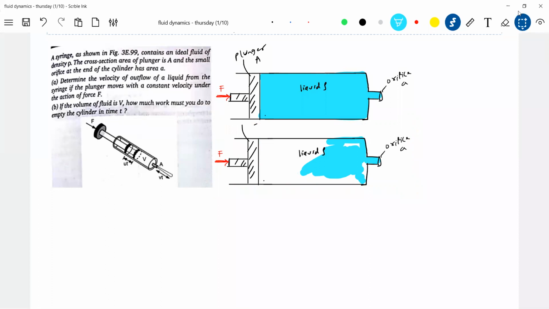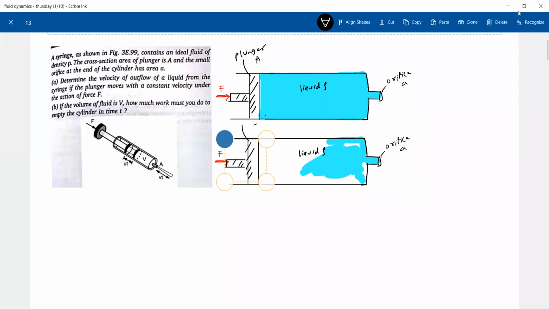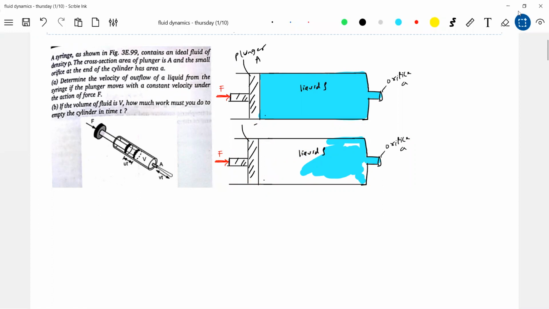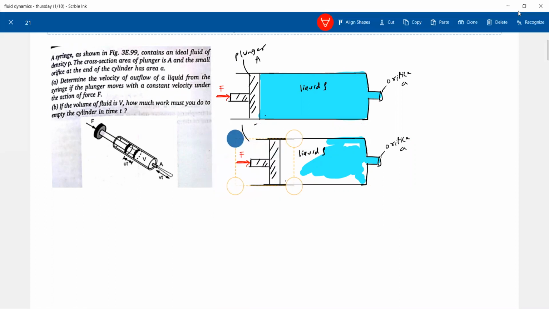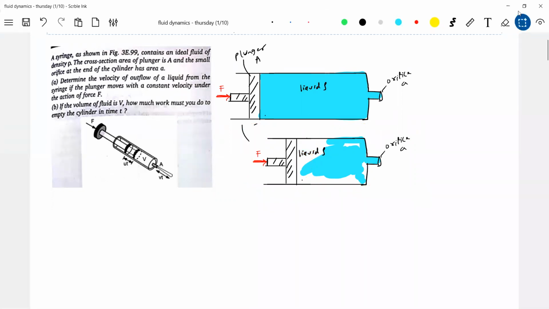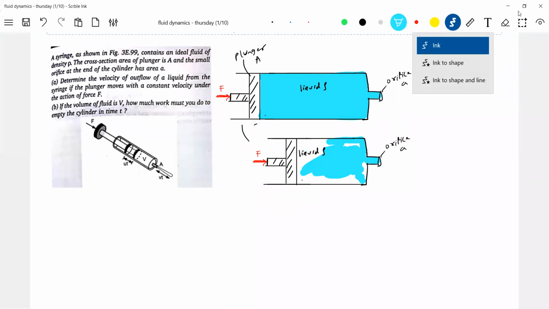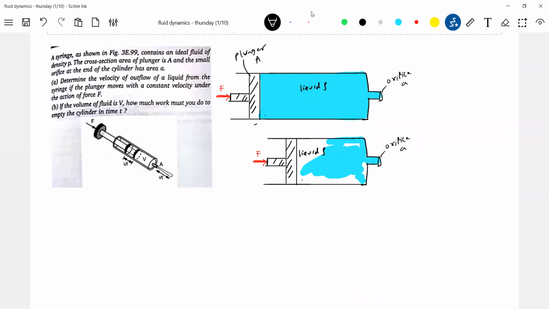Now, where will this plunger be? It will be like this.